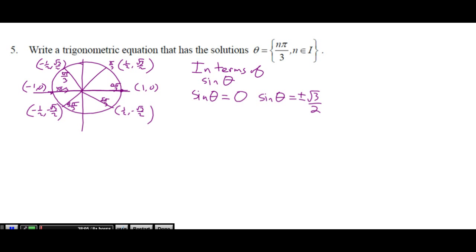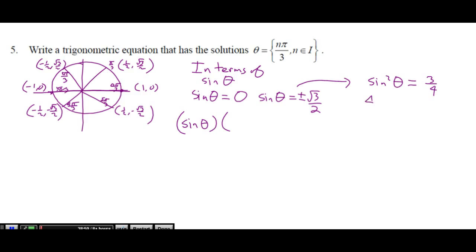So you now have sine theta equals 0, so sine theta is just one of the factors, right? So if you write in factored form, factored form is going to be sine theta times, now, what's going to give us a factor of sine theta equals plus or minus root 3 over 2? Okay, so let's just think, what does that mean? It means sine squared theta is equal to 3/4.